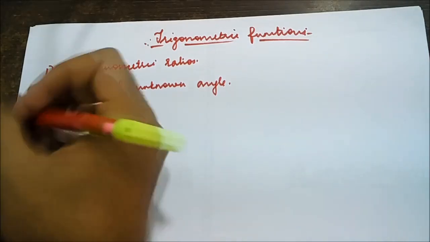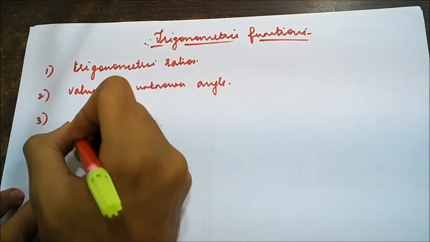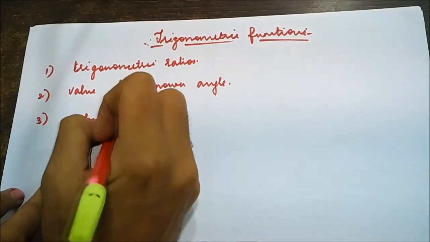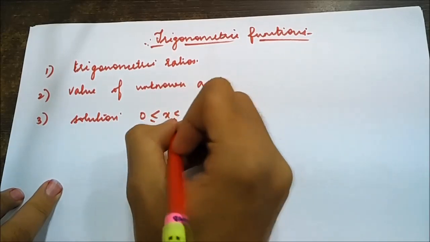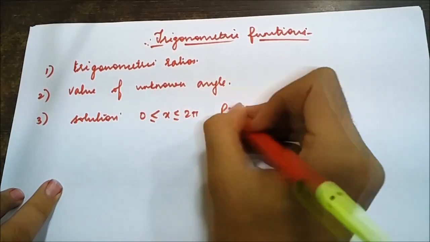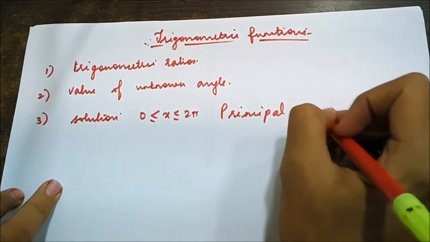And third, the solution of the trigonometric equation in x, the solution in x till 2 pi, is called its principal solution.